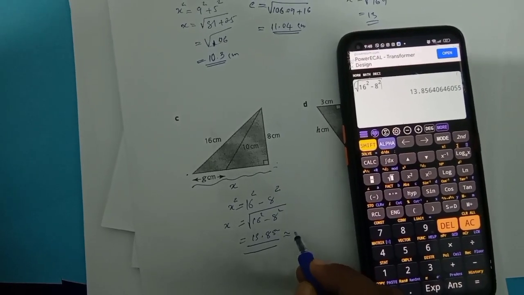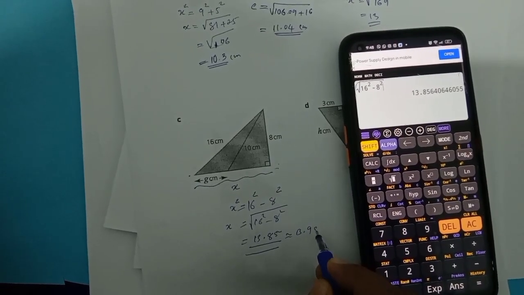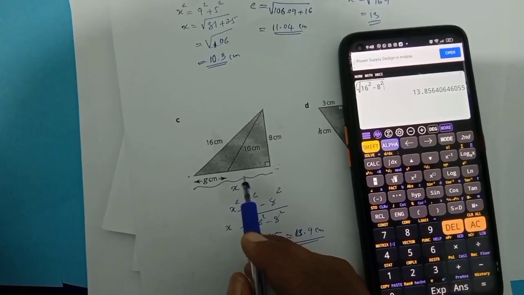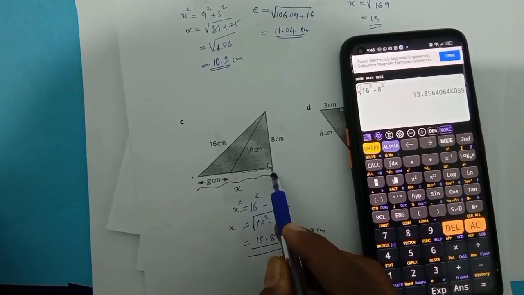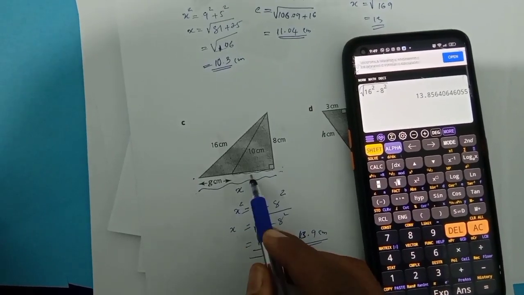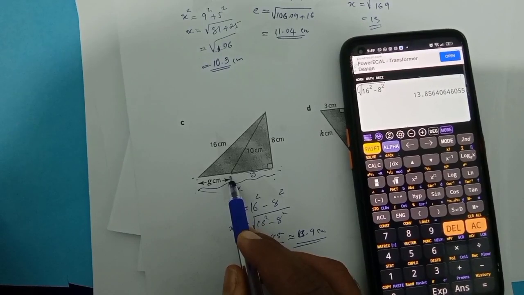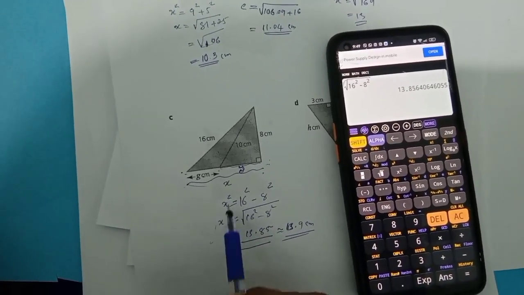So this is approximate, we can write 13.9 centimeter. Okay, now we can find out the small side. After that, you can subtract the side from the largest side, then you can get g, right? So I just give the name y. Now can we find out the y?